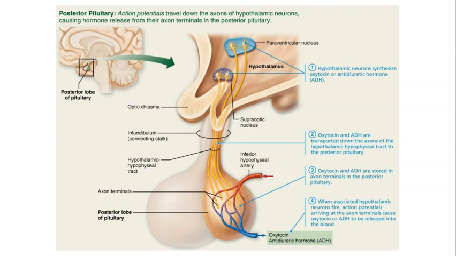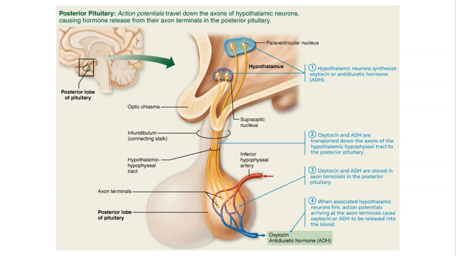The two different groups of neurons that compose the posterior pituitary will create two different hormones. The first is oxytocin, and the second is antidiuretic hormone. Both oxytocin and antidiuretic hormone are transported down axons of the neurons that manufacture them, and they're stored in the axon terminals of the axons that are situated in the posterior pituitary.